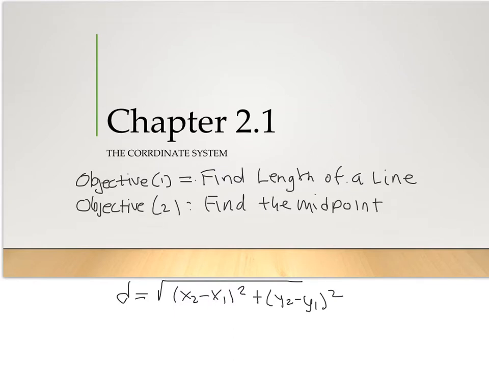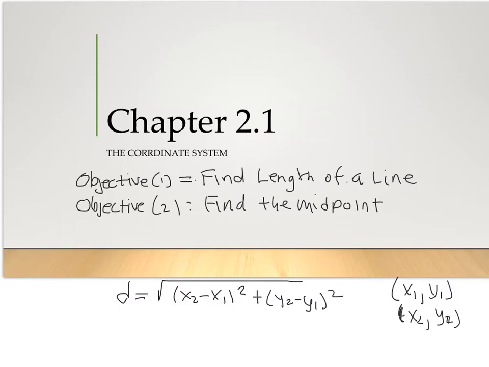Where x1 and x2 are points, right? So I have ordered pairs. I have x1 comma y1 as one ordered pair, and then I have an ordered pair of x2 comma y2, and so I have essentially 2 points.